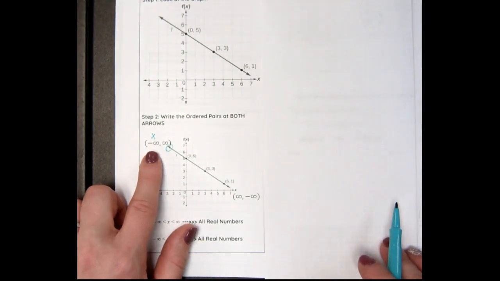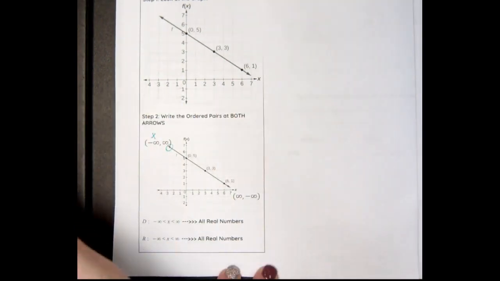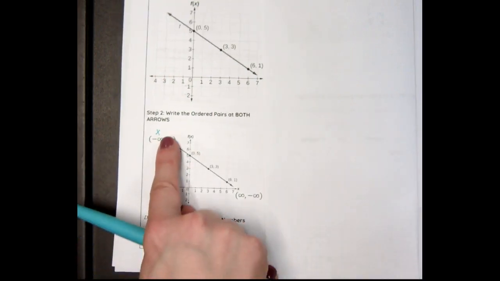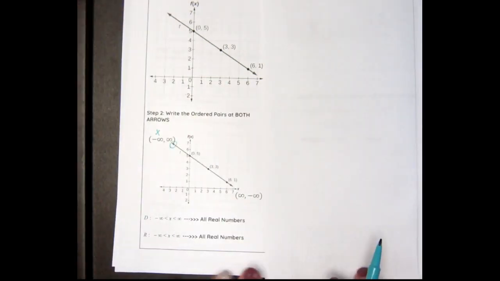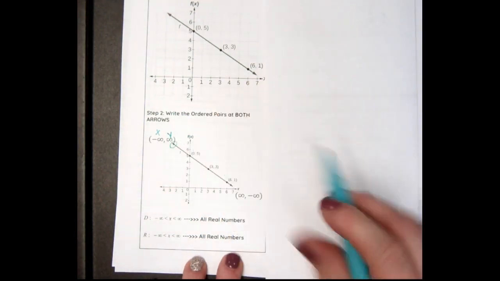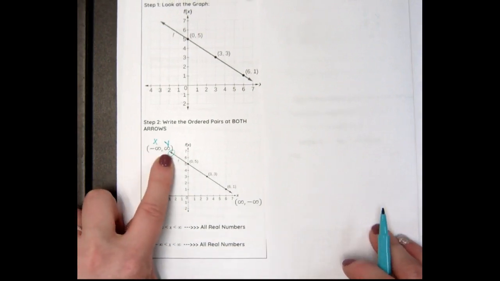Okay, I'm going left forever, and left is negative. Okay, but I'm also going up. Right, so this is going to continue to get higher and higher as it goes left. So that is why this one is a positive infinity for my y value. Okay, so we have negative infinity and positive infinity.